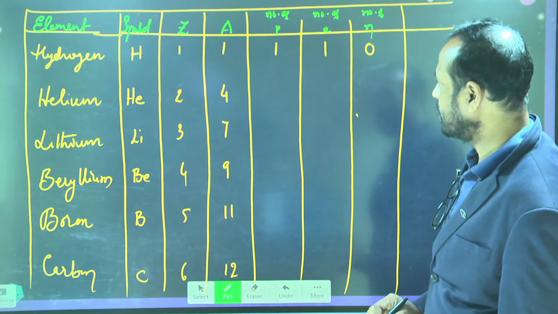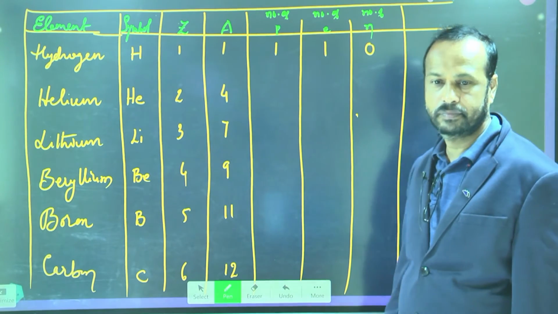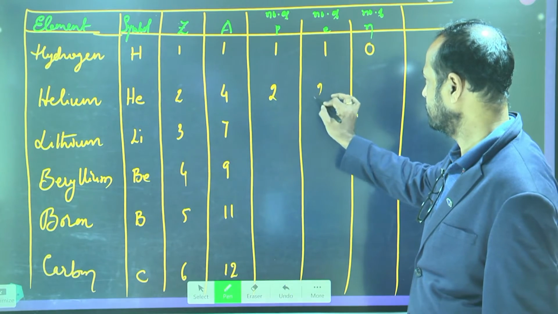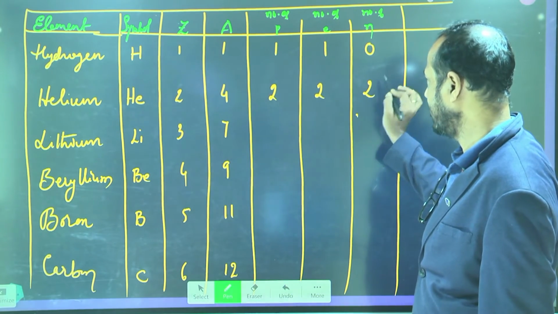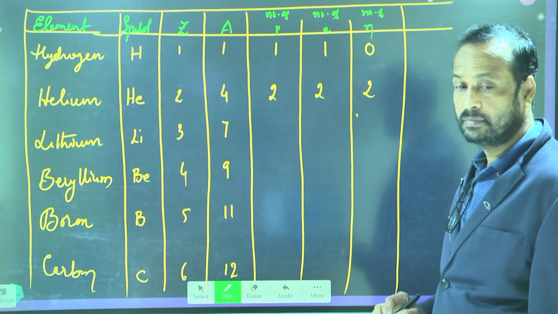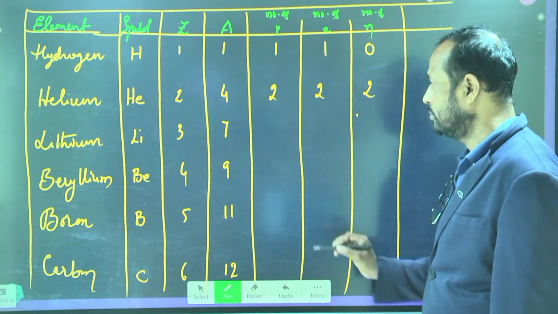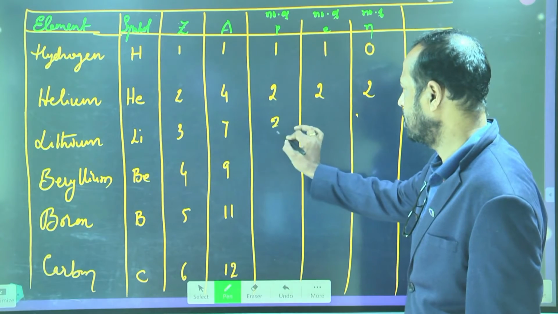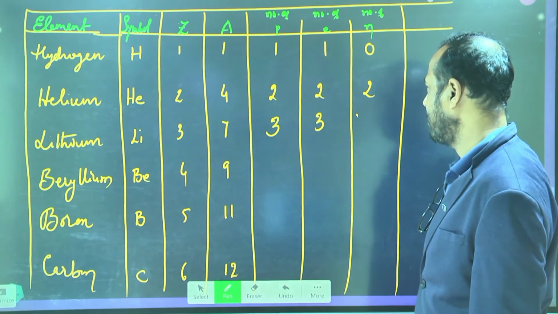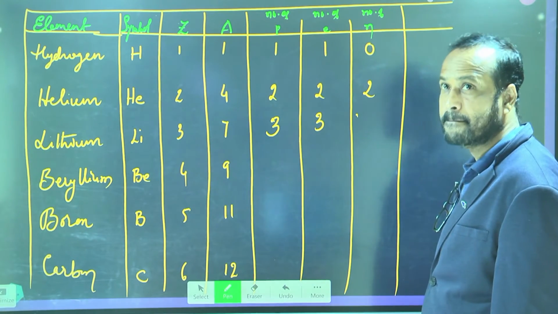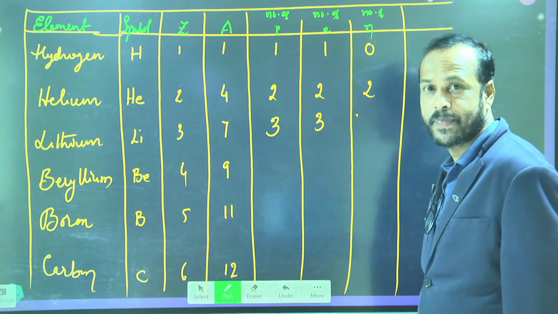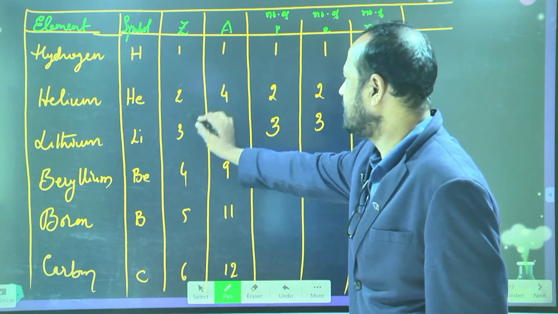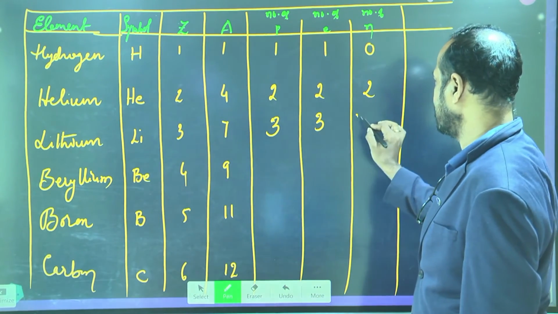Now for helium you say. Helium, 2 protons, 2 neutrons and 2 electrons, sir. Very good. Now lithium. Lithium, 3 electrons and 3 protons, sir. Neutrons is 4 because A minus Z: 7 minus 3 is 4.